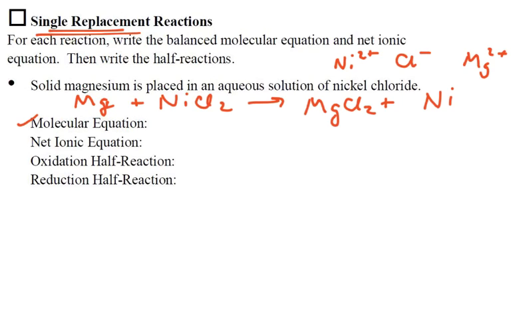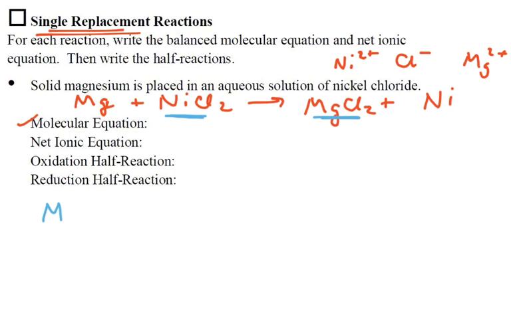Now, using our solubility rules, chlorides are usually soluble except for silver, lead, and mercurous, so nickel chloride would be a soluble compound. Magnesium chloride, the same thing, would also be soluble. So I'm going to jump down here a little ways and write this equation again.